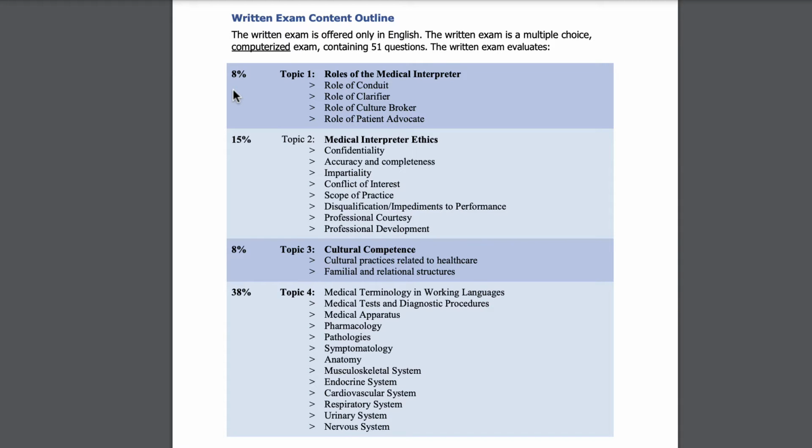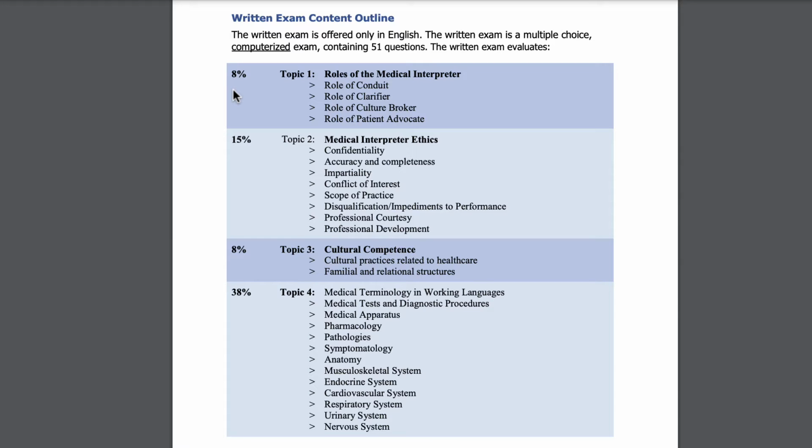So just to give you a quick, brief idea what this written exam is going to be like. This is the first exam all of you will have to write before you can get certified as a certified medical interpreter. For many of you, this is going to be the only exam available for some of the languages. I believe we talked about this in the first or second videos.